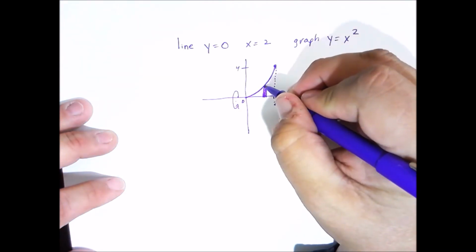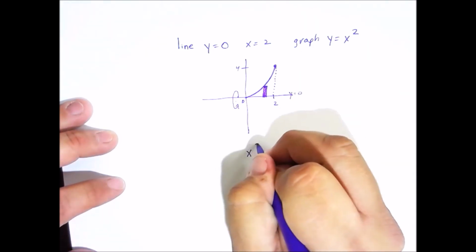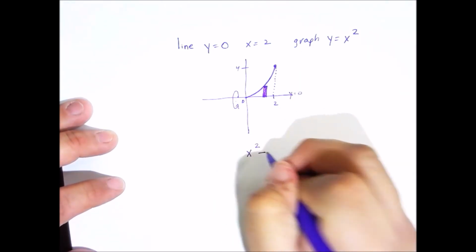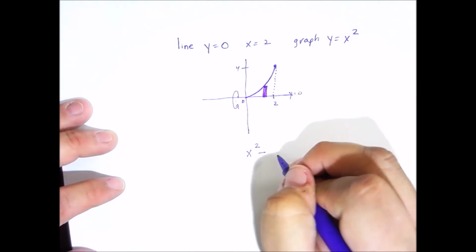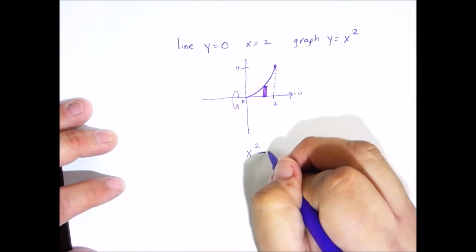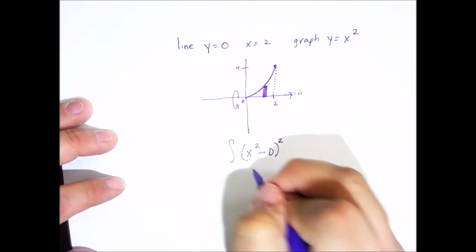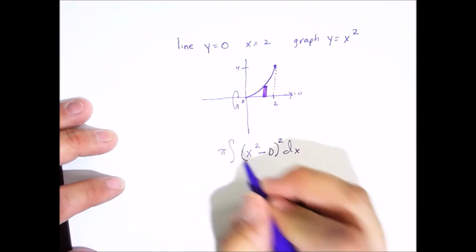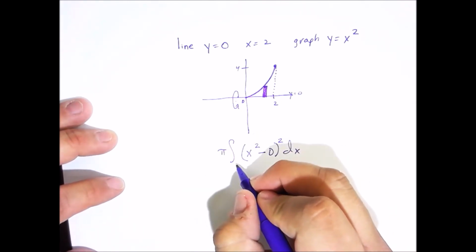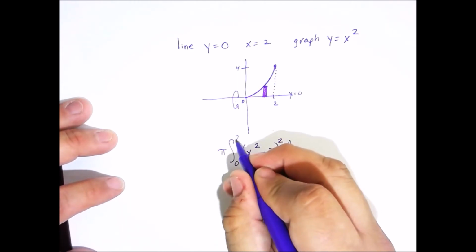What's the top? So x squared minus the bottom equation. That's the x-axis, which is 0. That quantity squared. We need a dx. We need a pi out in front. We need bounds. 0 to 2.